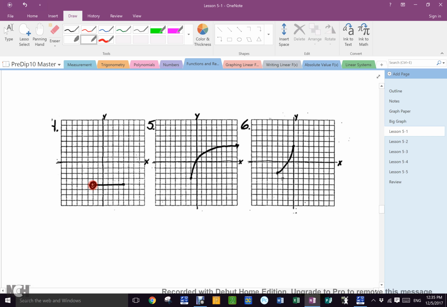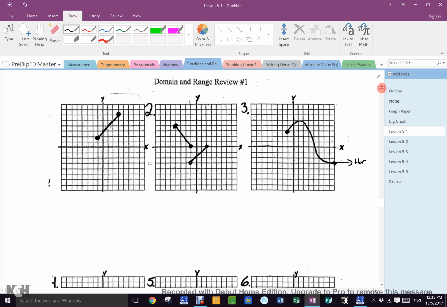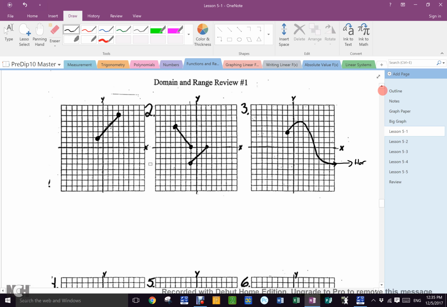Don't know about yours, so I'm fixing it now. We're going to say this one also flattens out, horizontal. Two closed dots, quite plain to see. Everybody good? In number two, looks like a banana. Yeah, they're all closed.